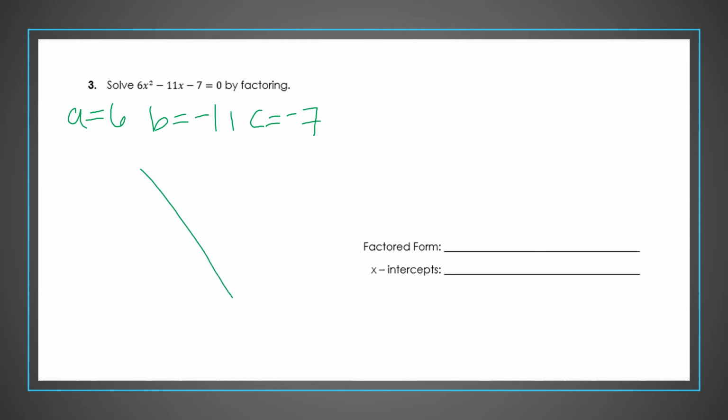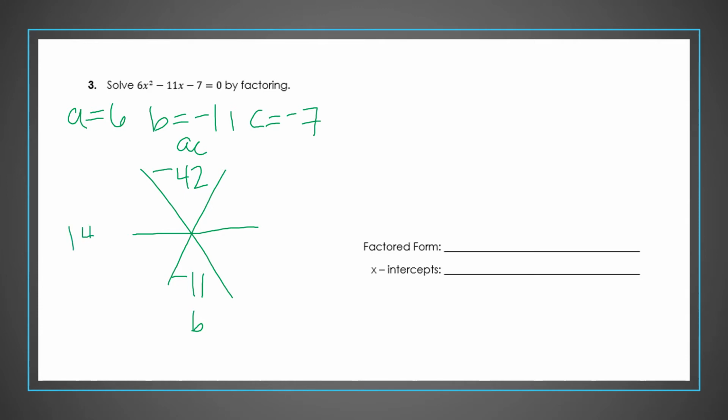We're going to do our star. Up top, we're going to do A times C, which is 6 times negative 7, which would be negative 42. In the bottom will be our B value, which is negative 11. So we're going to think about our factors of negative 42. Really, we could just worry about positive 42 for right now, and then we'll deal with the negative.